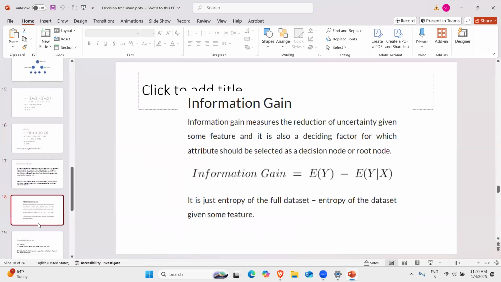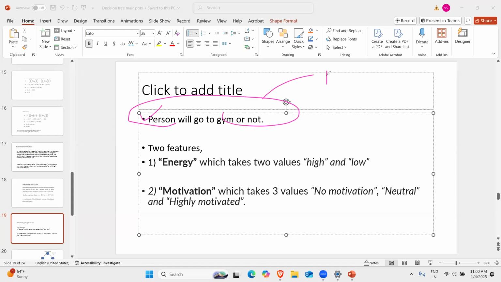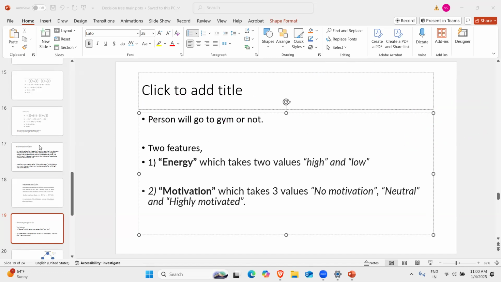So suppose you have this example. You have a data set where you have to predict whether the person will go to gym or not. Let's say it's 2025, right? And everyone is excited. They have set their resolution that they should go to gym at least 1 month in this particular year, right? And everybody knows what happens to the resolution.